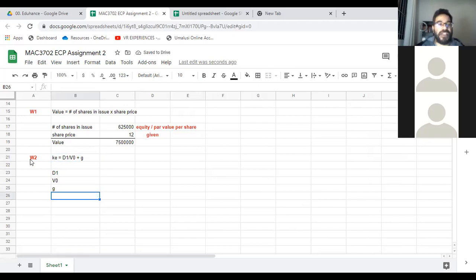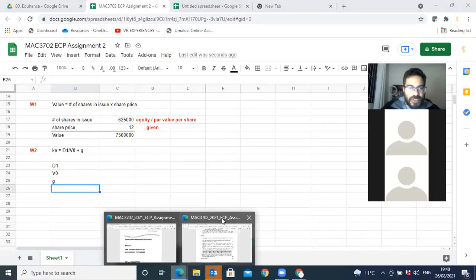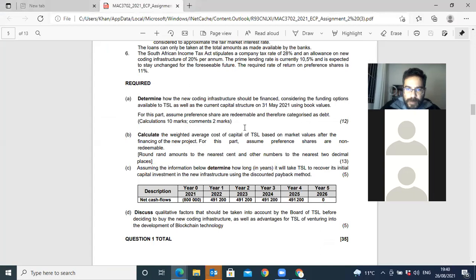So let's have a look. Let's go back to the scenario. Remember, they want me to calculate the weighted average cost of capital.